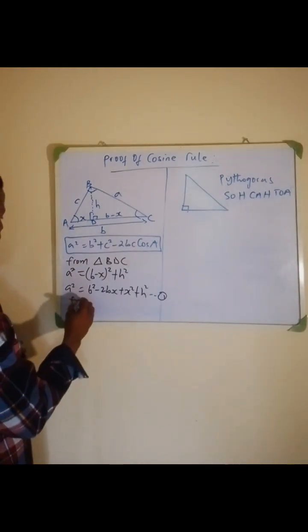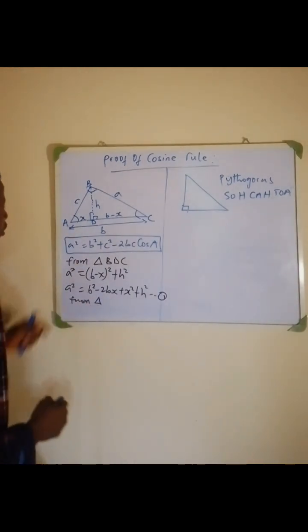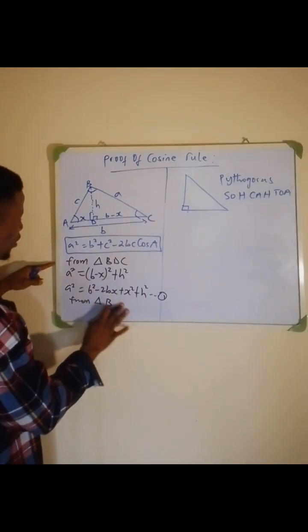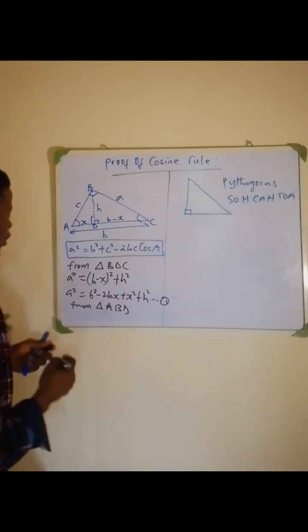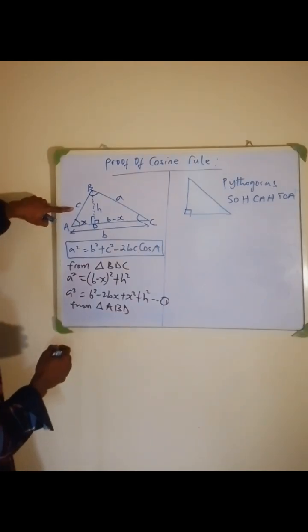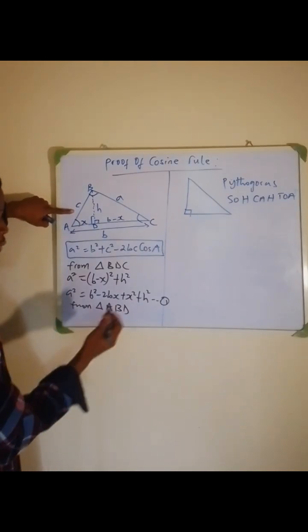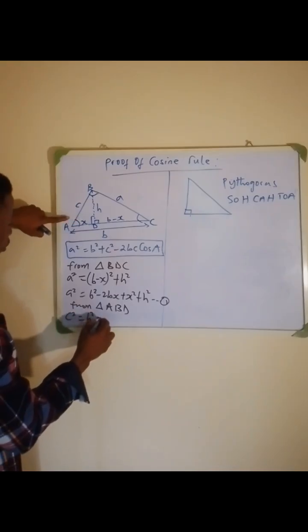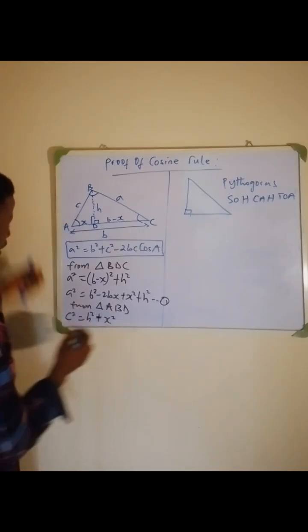From triangle ABD, if you want to find the longest side, you use Pythagoras rule. You say c square equals h square plus x square.